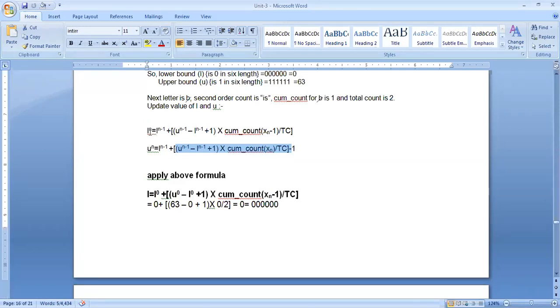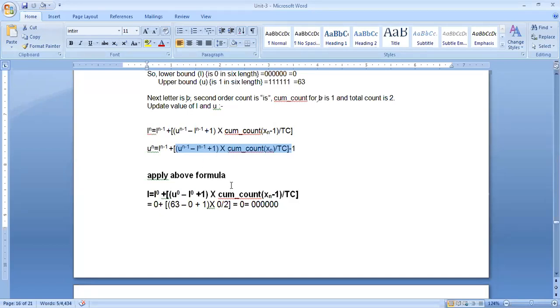So here Ln means we want to calculate L to the power 1, n is equal to 1, L to the power 1 for the next level. So L n minus 1 means L1 is equal to L0 plus U0 minus L0 plus 1, multiply by cumulative count of xn minus 1, divided by total count.